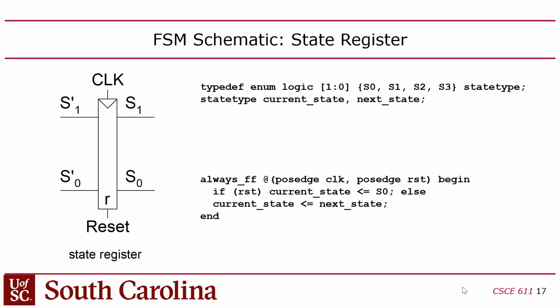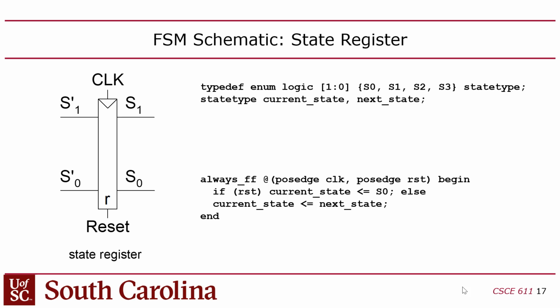But by creating this enumerated type, you're allowing the synthesizer to decide how to encode those state values, right? So you don't have to worry about that. And then you have to declare your current state and next state as two signals of type state_type, right? So those first two lines just set up the states, and then they create the current state and next state signals.